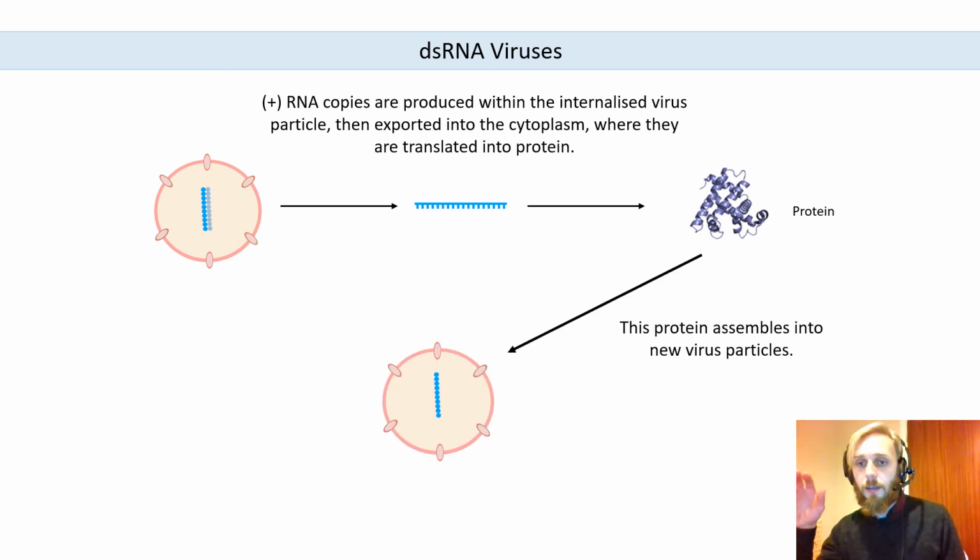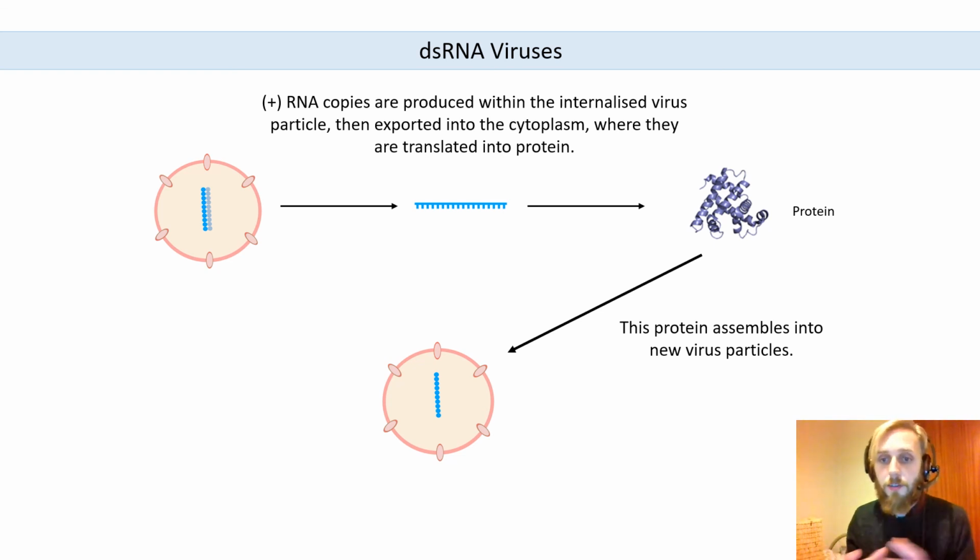This protein is, of course, viral protein. It's produced by expression of the viral genome. So the protein that's produced, it's viral. It's what is encoded in the viral genome. These proteins can therefore be assembled to make new virus particles because virus particles are composed of viral protein.